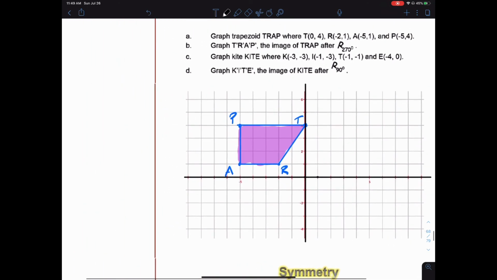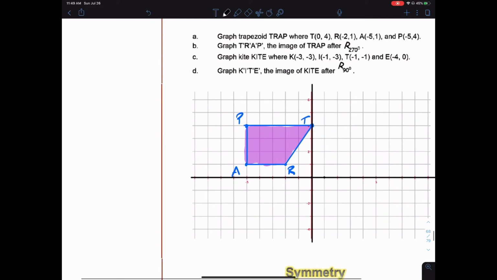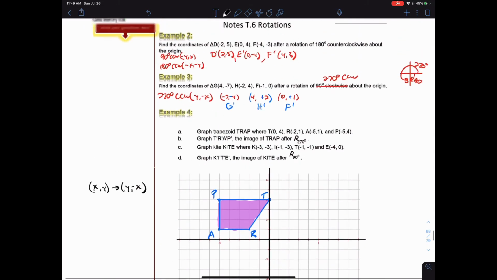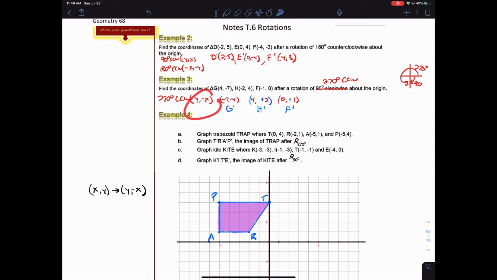Now, I don't have patty wax that I can put on top of this, so I'm just going to use the coordinate rule. Coordinate rule for 270 degrees is y and negative x, as we just used up here.